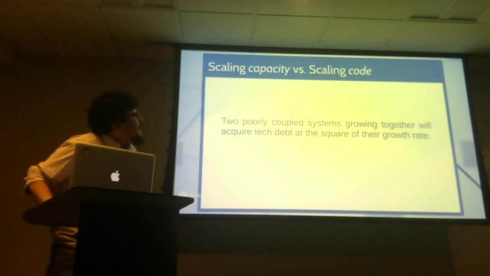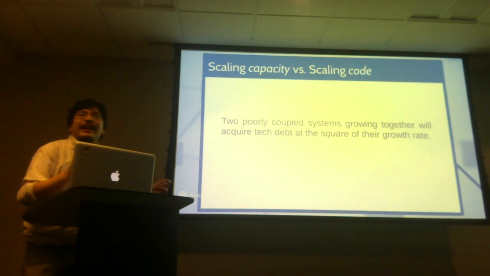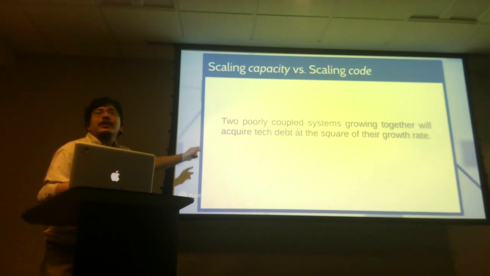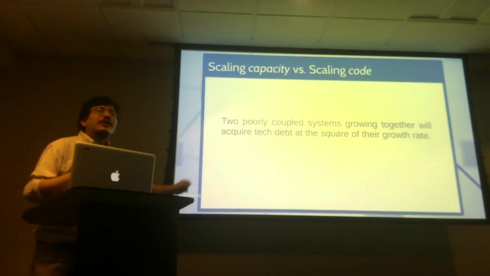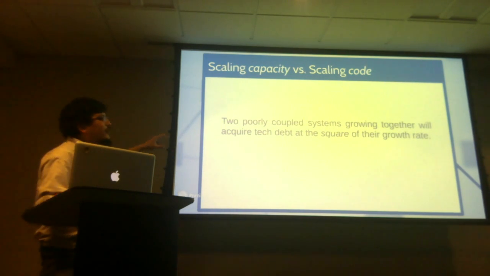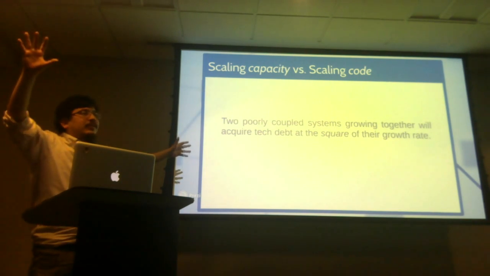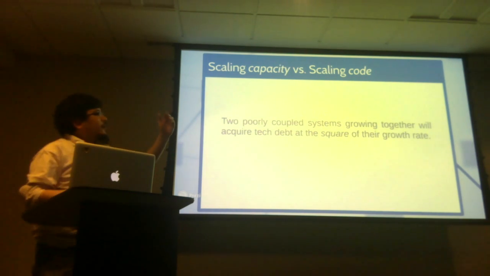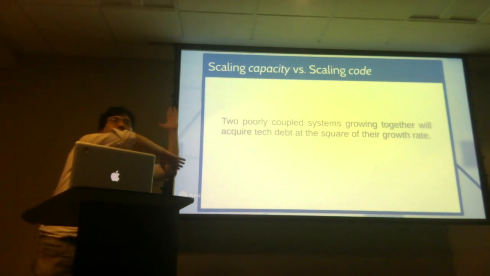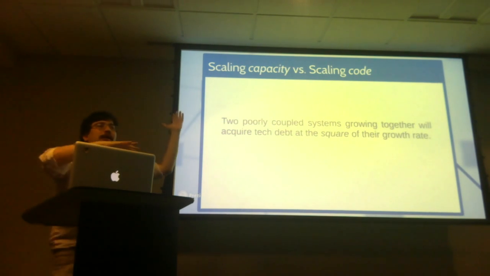Right. So now I'm going to be very management consultant-y and propose a law that is probably untrue, but it sounded really good when I wrote it. I think there's a kernel of truth to it, but as a law, it's just made up. If you have these two coupled systems, here's my APIs over here, and here's my code base that is calling my APIs over here, and they're totally uncoupled.